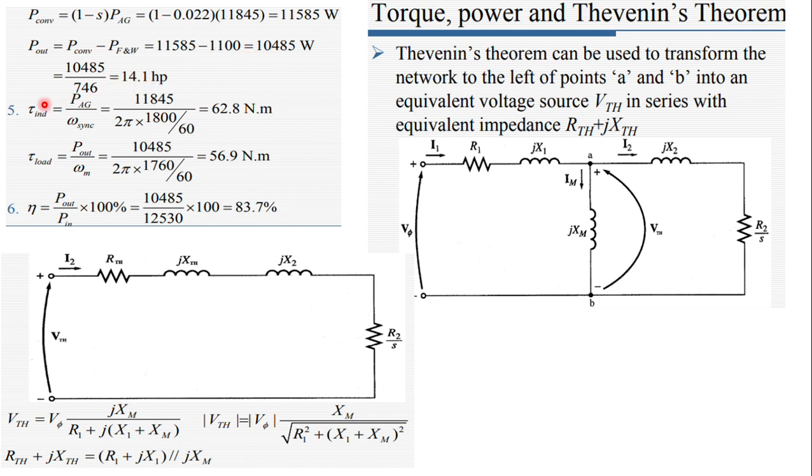Then the torque induced from the power flow diagram calculated above, torque induced is equal to air gap power over synchronous speed, which means air gap power is already calculated here, and synchronous speed is 1800. To change this into rad per second, this 1800 is represented in revolution per minute, and torque induced should be calculated in Newton meter, and we have to change it into rad per second.